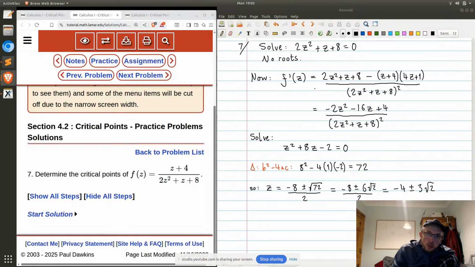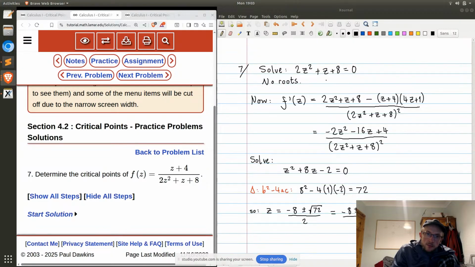So yes, so we found f. First of all, all of the real numbers are totally fine to go inside here because this is always positive. Second, once we found f prime of z, we then need to find out where it doesn't exist.